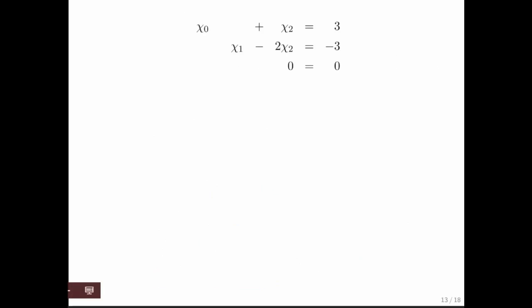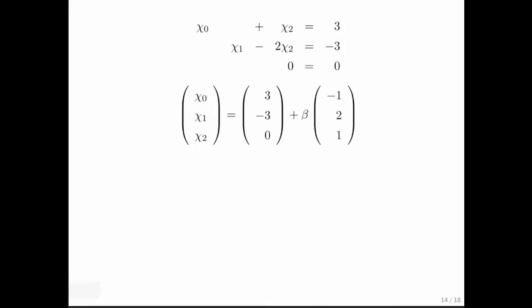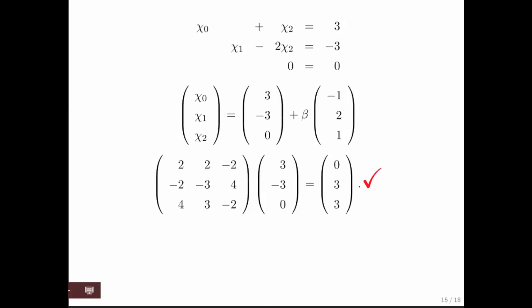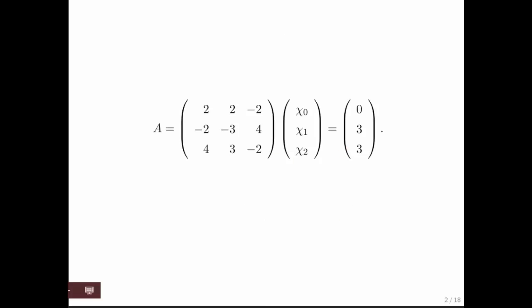Now here is our reduced system, and notice that this was equivalent to the original system. Here is our general solution, and here was our original system. Notice that if we take this vector here and plug it in, we end up satisfying the original system.